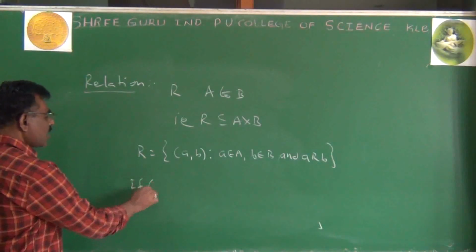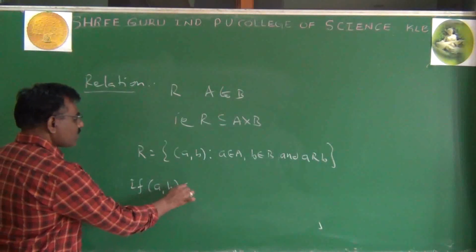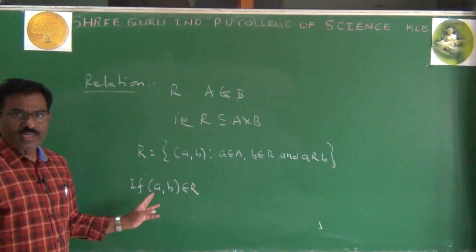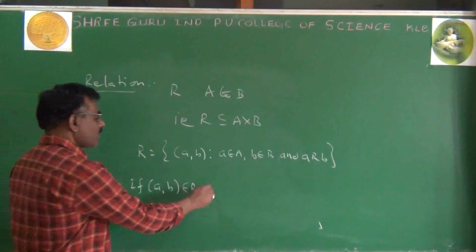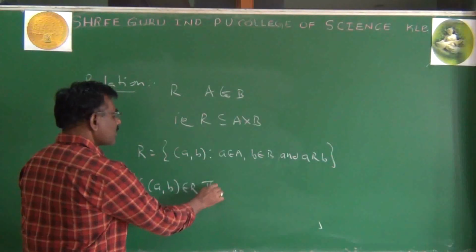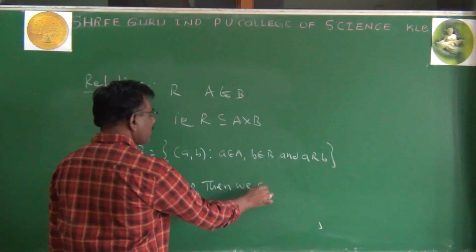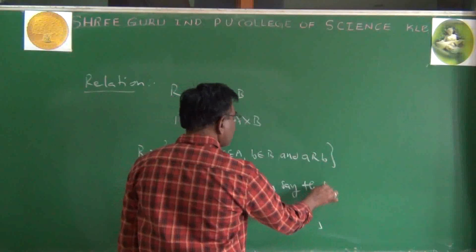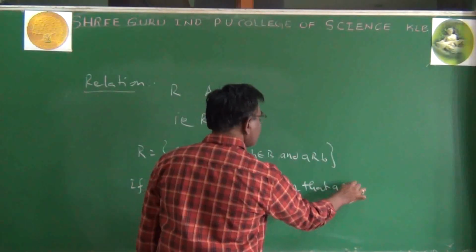If (a, b) belongs to R, then we can say that a is related to b.